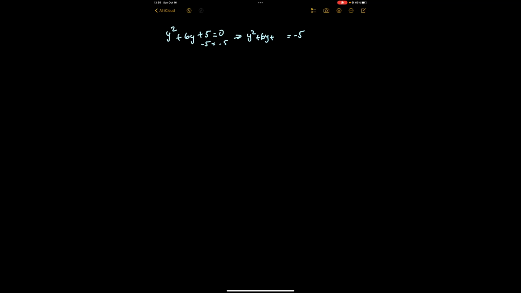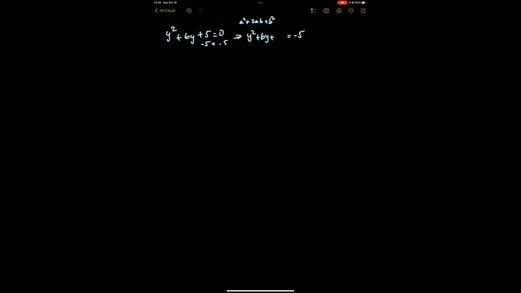Now, here is the fun part, which is what people want to understand. How do I pick a number? Here's what you do. Always treat the quadratic equation as follows: a squared plus 2ab plus b squared.